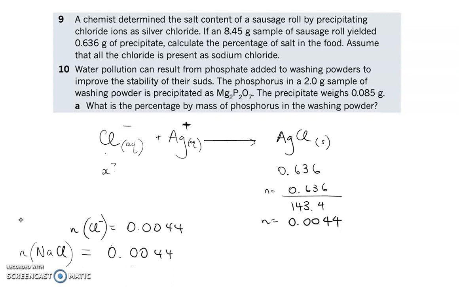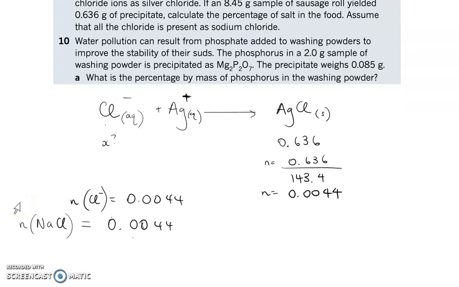So the number of particles is going to be the same. It'd be like saying if you've got 12 eggs, how many yolks do you have? I've got 12 yolks, because in every egg, I've got 1 yolk and 1 white. So if I've got 12 of these, how many yolks will I have? I'll have 12.